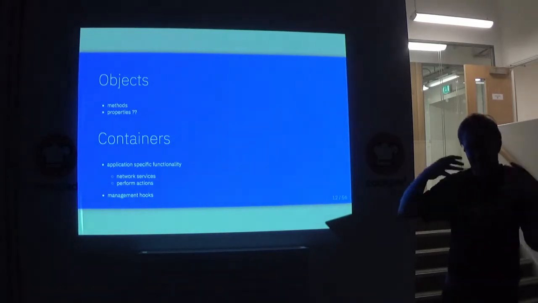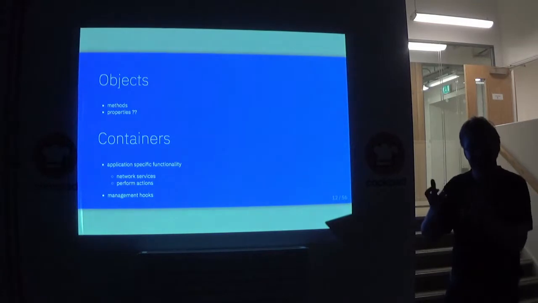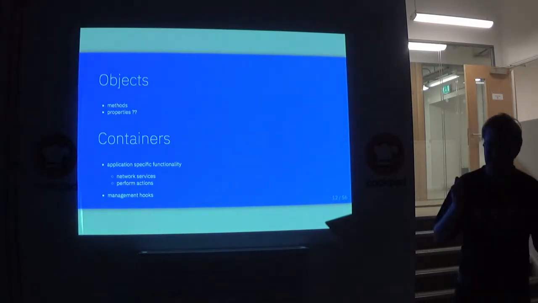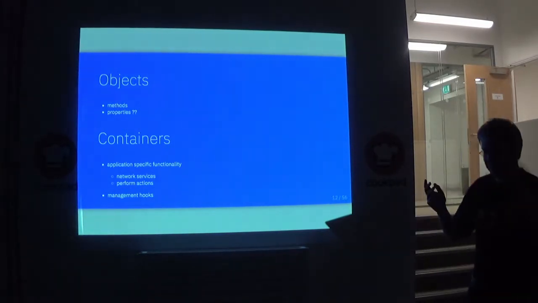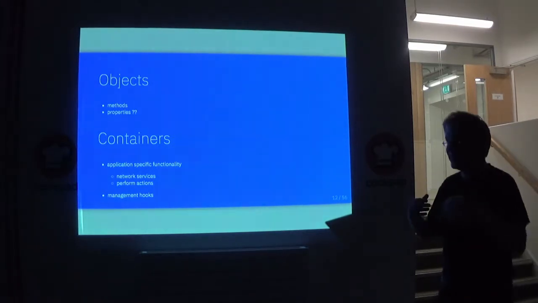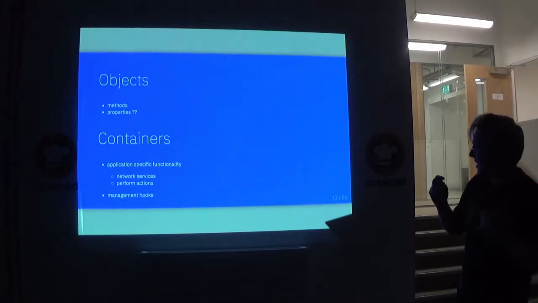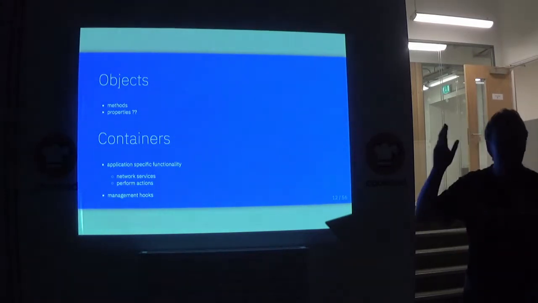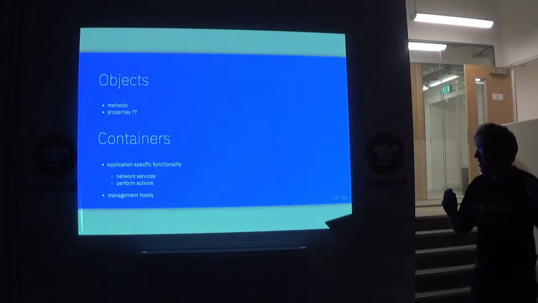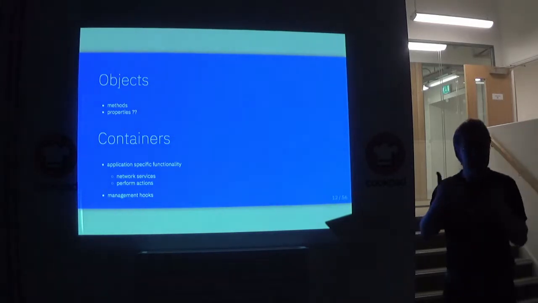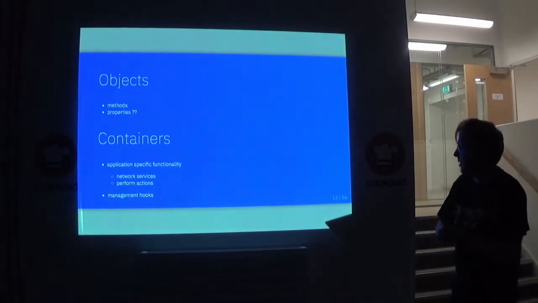Containers are not really such a defined thing as an object. Containers are really just a bunch of kernel features patched together to make this somewhat cohesive thing. So we can expose all sorts of things out of a container, but thinking about the boundary and what we choose to expose is super important.